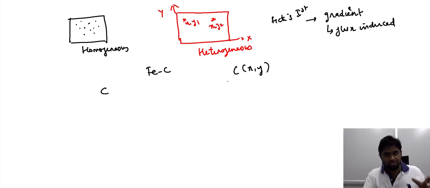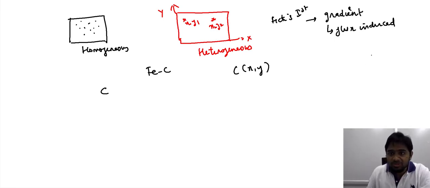So when you have a heterogeneous system and the concentration at each point varies, then what Fick's law states is that in this system a flux will be introduced, and this flux is governed by the gradient.